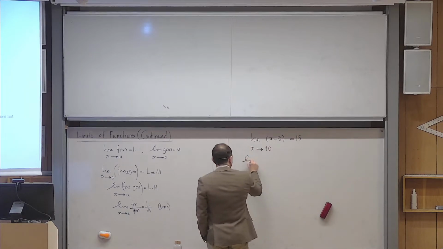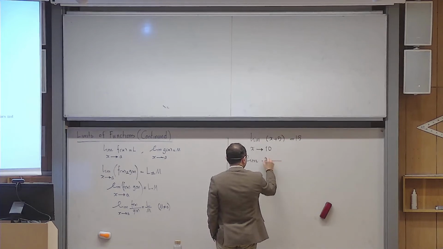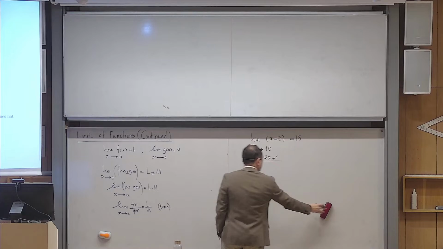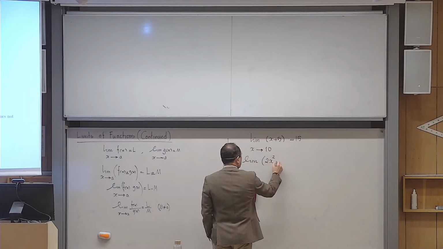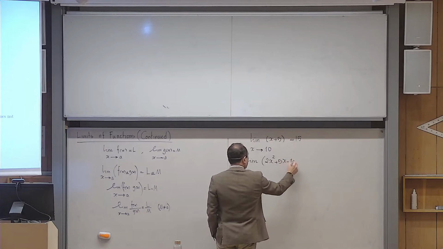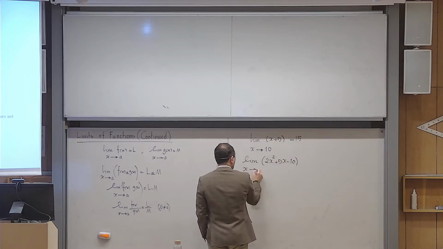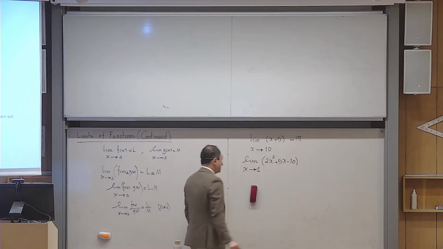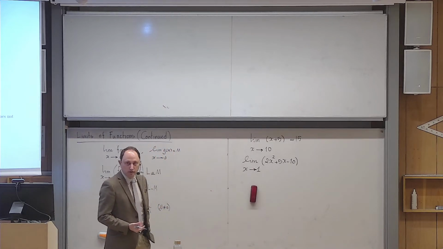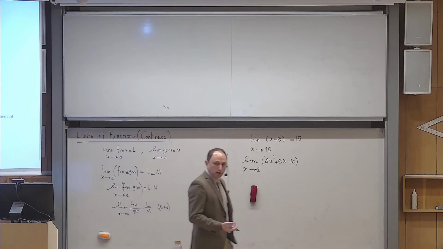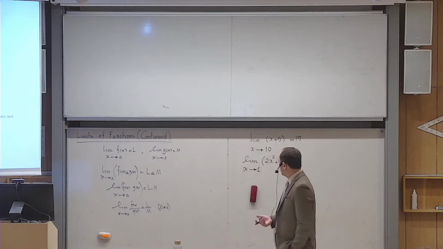If I ask you what is the limit of 2x plus 1 divided by, so let me just increase this. So like this, 2x to the power of 2 plus 5x minus 10, x goes to 1. So what is the limit of this one? Yes? Yeah, you can say. Minus 3. Why is that?